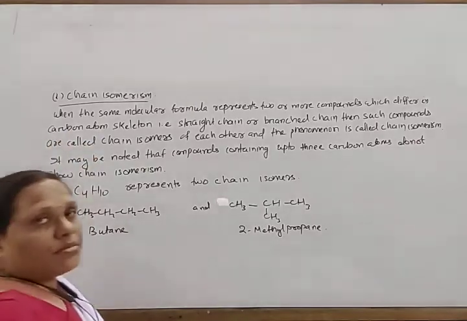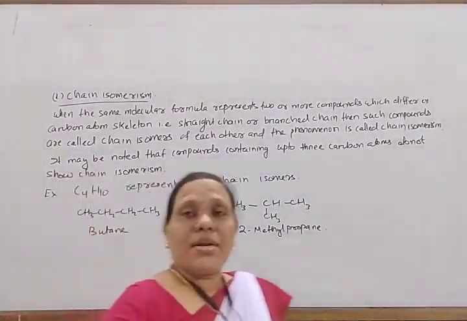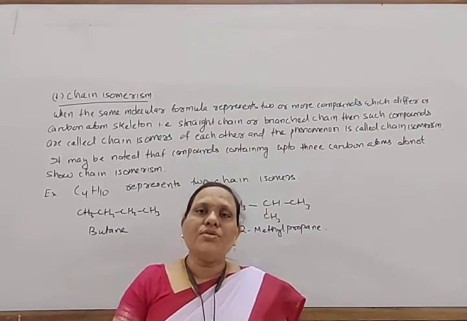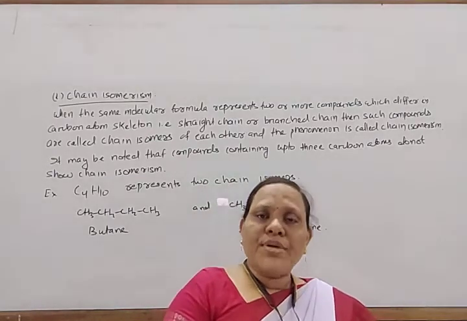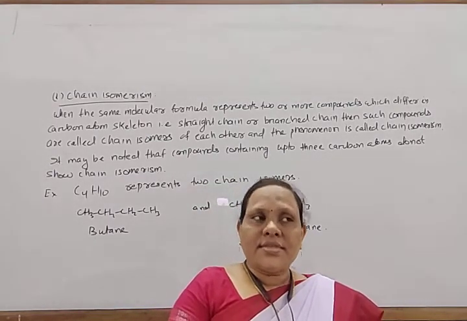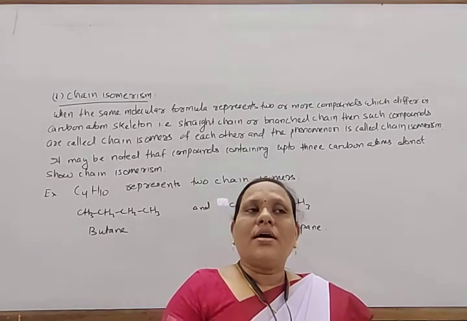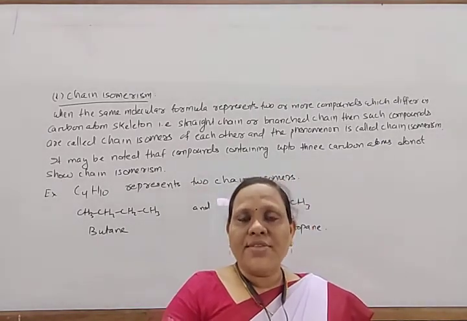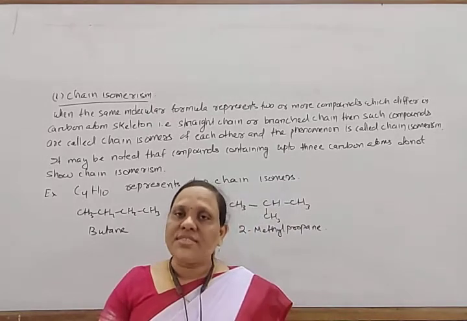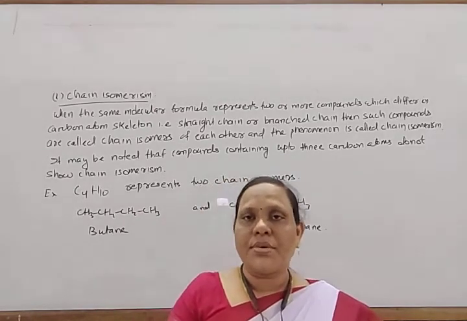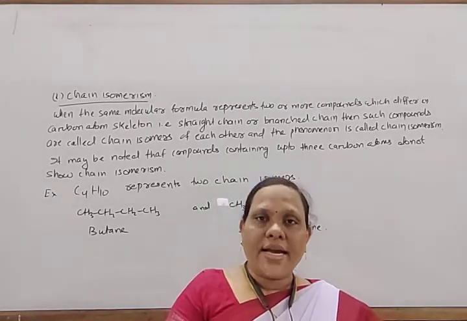Chain isomerism: when the same molecular formula represents two or more compounds which differ in the carbon chain skeleton, that is a straight chain or branch chain, then such isomers are called chain isomers and this phenomenon is called chain isomerism.